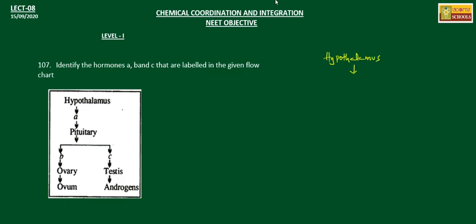It produces GnRH, gonadotropin releasing hormones, which act on the pituitary gland, and the pituitary gland in turn produces FSH, that is follicle stimulating hormone, and LH, that is luteinizing hormone.